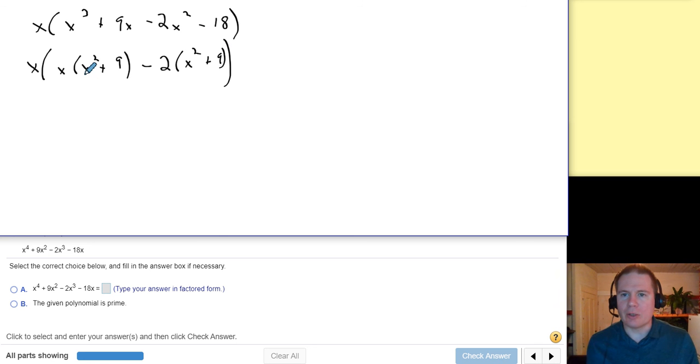Right? And here we go, x squared plus 9. That's the same as x squared plus 9. So this x out front is being multiplied by all of this, which is x squared plus 9, common factor, times x, and times negative 2.